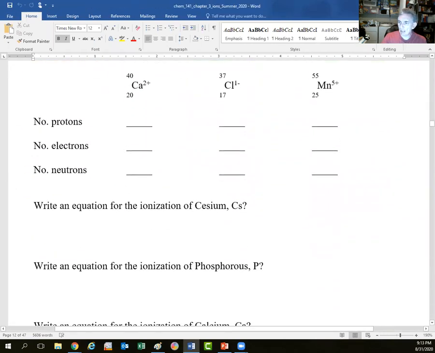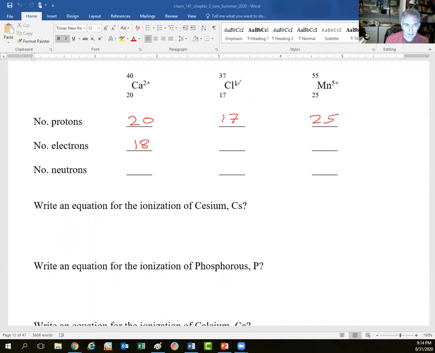So similar to what we had in chapter 2, looking at protons, neutrons and electrons, but now of course there's an electrical charge. Number of protons, that's from the atomic number of course, 20 for calcium, 17 for chloride, 25 for the manganese. Number of electrons, well, based on the charge, 2 plus is 2 more protons than electrons, so there's only 18 electrons.